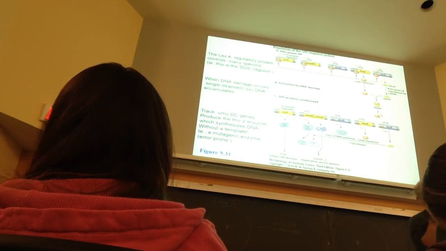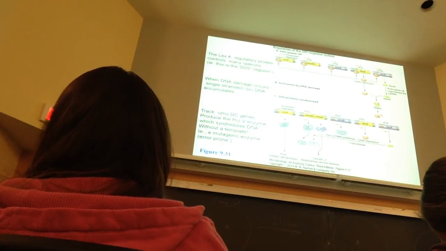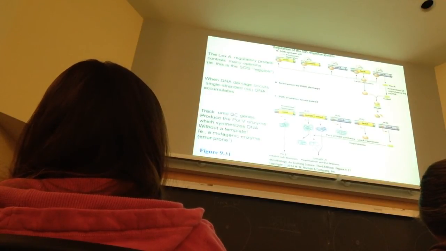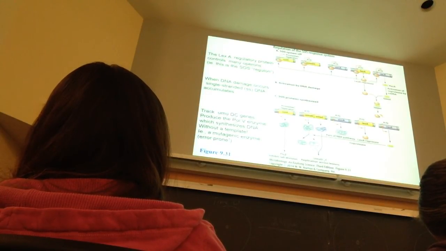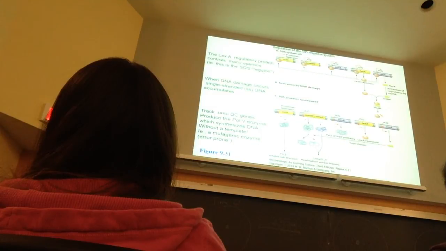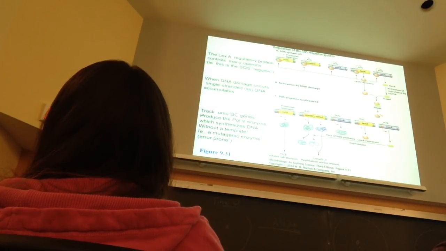In this example, this repressor protein is sitting on a number of different operons, preventing their expression. And so when we have a regulatory protein controlling many operons, we call this a regulon, because there are multiple separate operons controlled by the same regulatory protein.